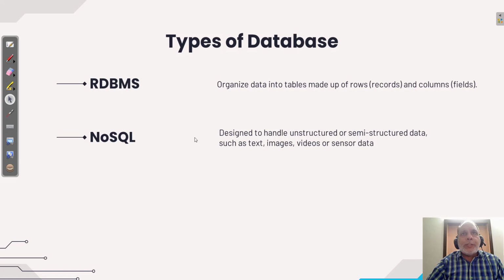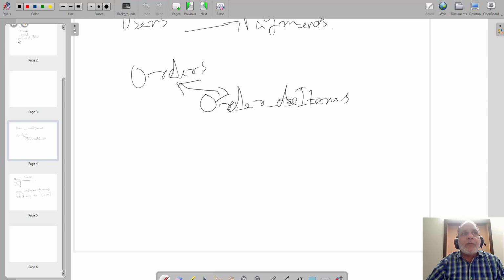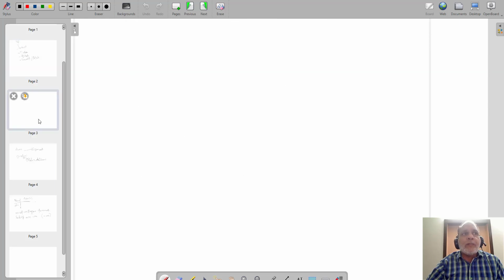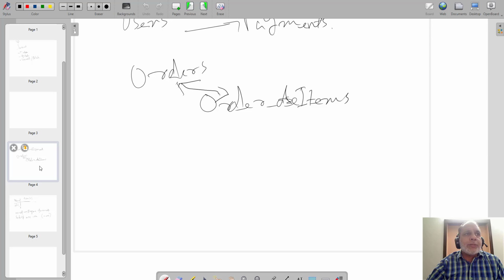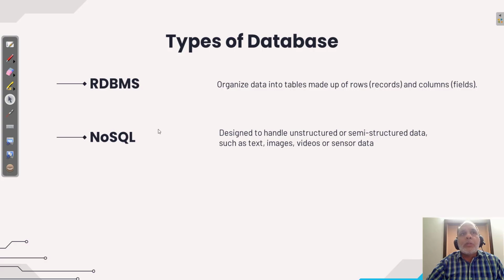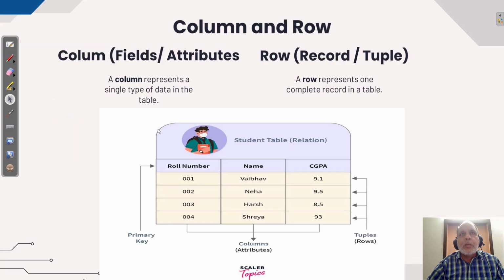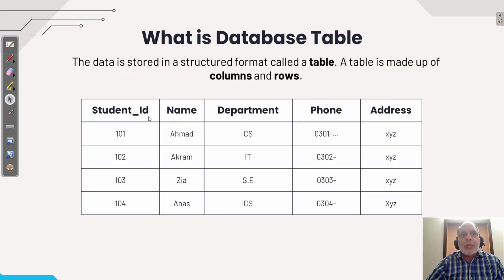There is another type of database which is called NoSQL. NoSQL is designed to handle structured, unstructured, or semi-structured data. RDBMS is used to handle structured data because we are creating the structure here. You have seen we are creating a proper structure in the tables. Here you can see the proper structure: roll number, student name, department, phone number, and address.